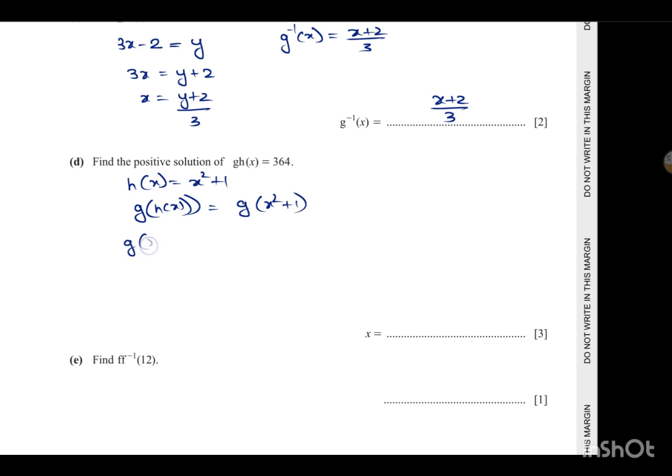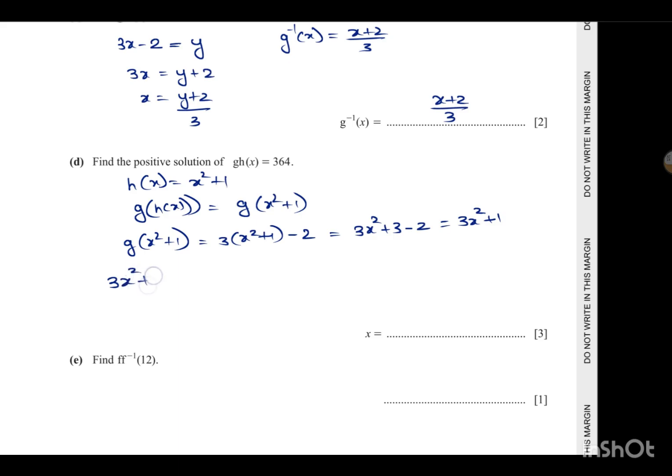Then g of x square plus 1 will be 3 into x square plus 1 minus 2. That will be 3x square plus 3 minus 2. That will be 3x square plus 1. Now that is given as 364.